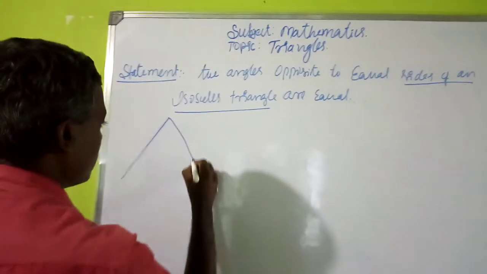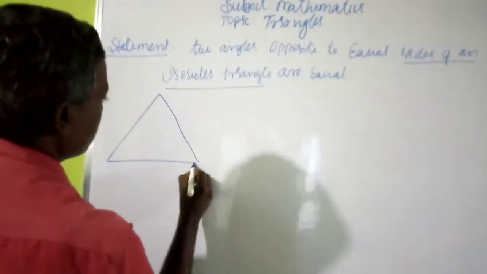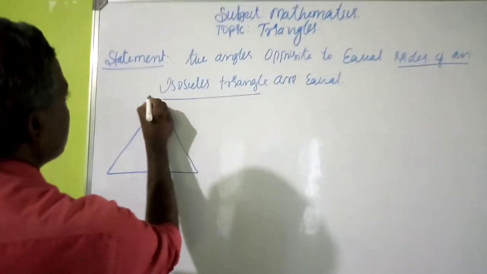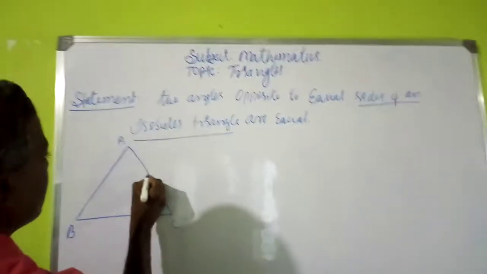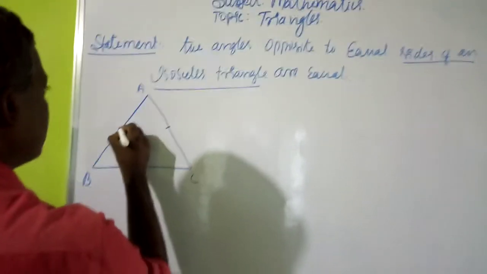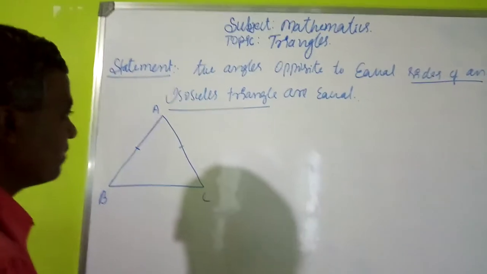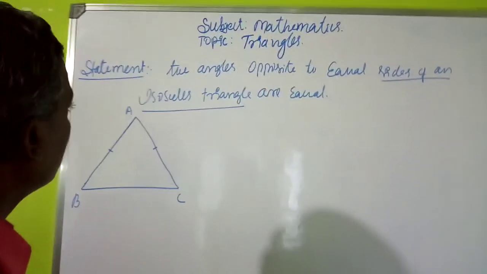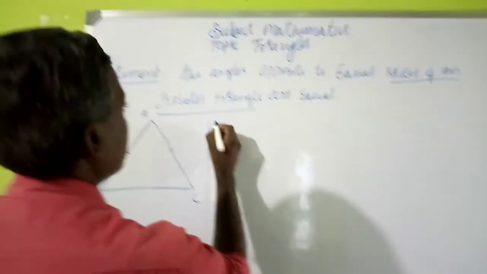We want to draw an isosceles triangle here. This is ABC, where AB and AC are the two equal sides. Now let us collect the data, what is given.